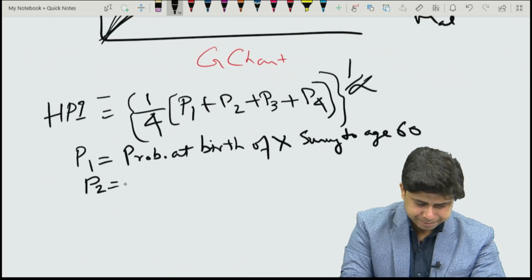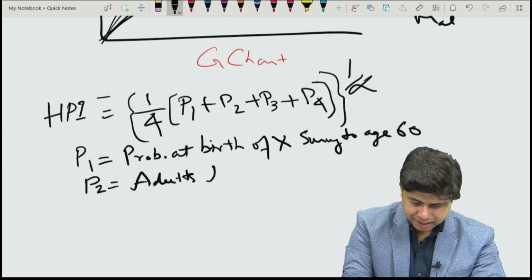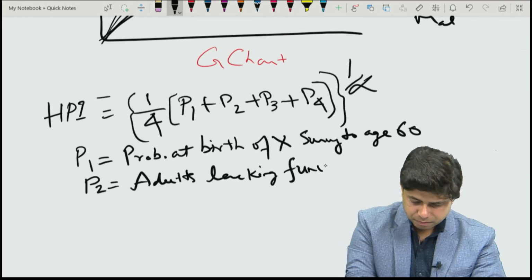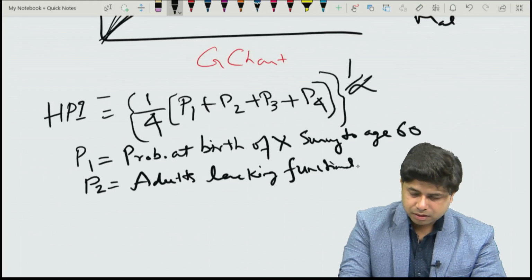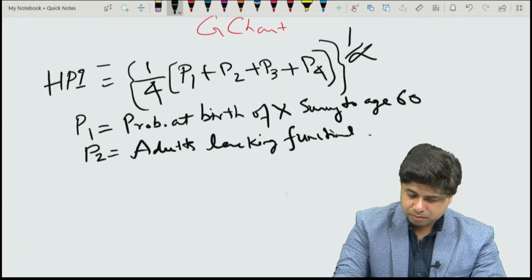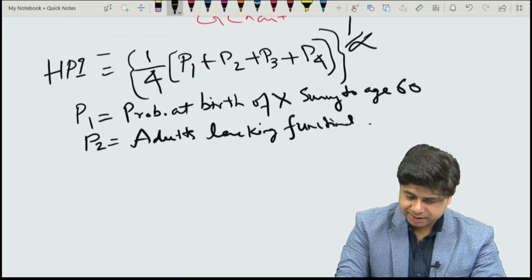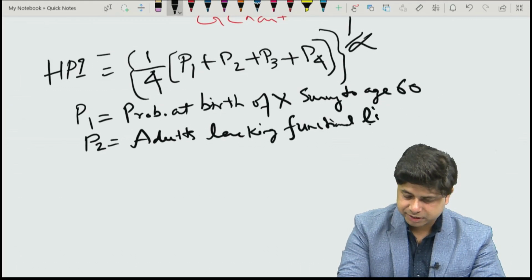P2 is adults lacking functional literacy skills.